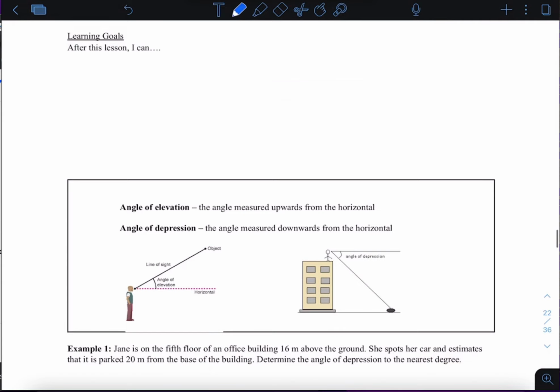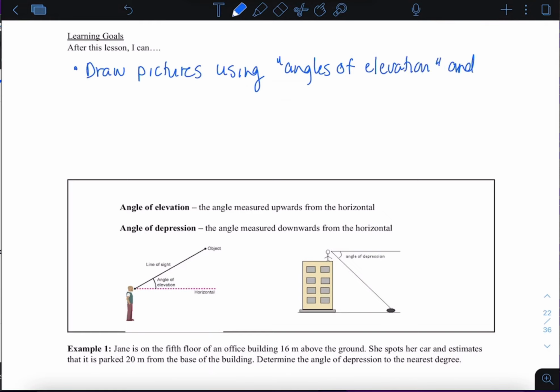Couple of goals for this lesson. What we want to be able to do is draw pictures, or I guess diagrams, using angles of elevation and angles of depression. So understanding what these are, where they go in a triangle, a right triangle.